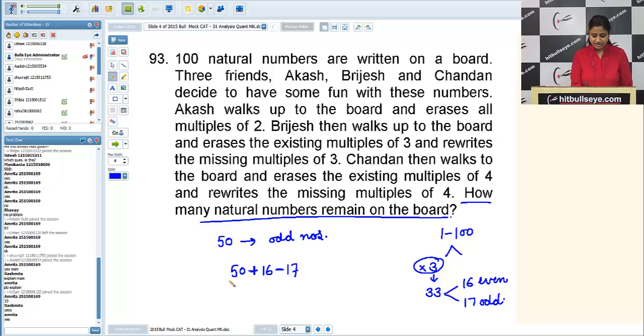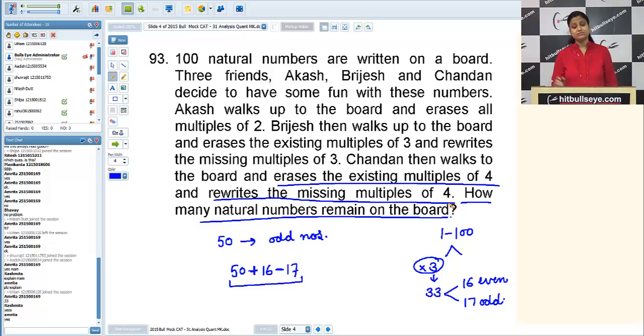Now, that was the number of numbers left on the board after Brijesh's turn. Now, coming to the third person. Chandan then walks to the board and erases the existing multiples of 4 and rewrites the missing multiples of 4. So, how many multiples of 4 are here from 1 to 100? Can you say in total there are 25 multiples of 4?